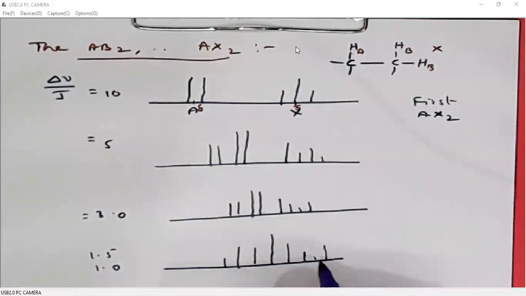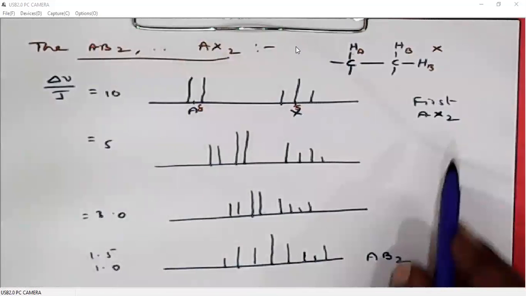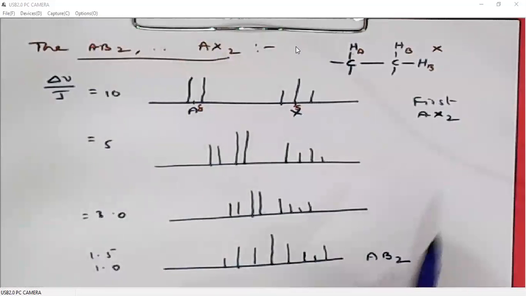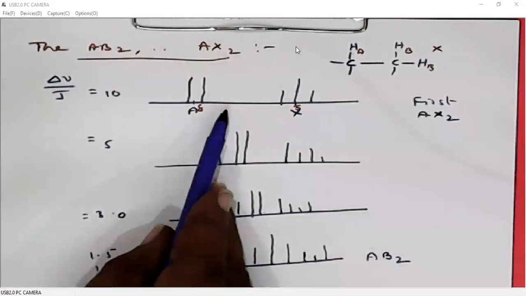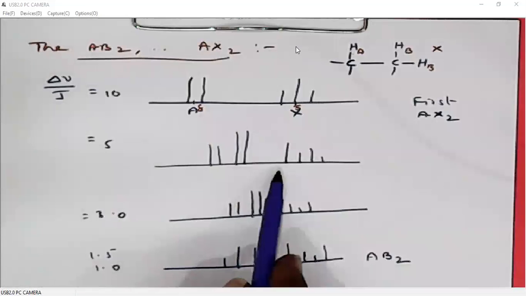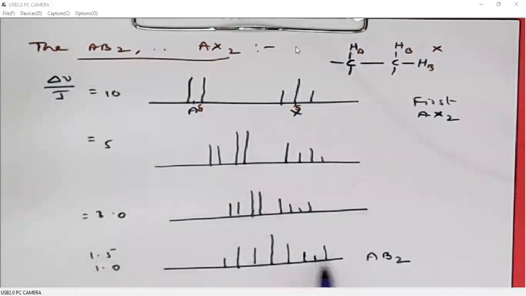We see only one multiplet. So in this case, what we can say, it has become perfect second order and it is now AB2 type. It is not AX2 anymore. In the first figure, it is AX2, but with increasing complexity, we say it is AB2. And here we see only one complex multiplet. So we say it is AB2.